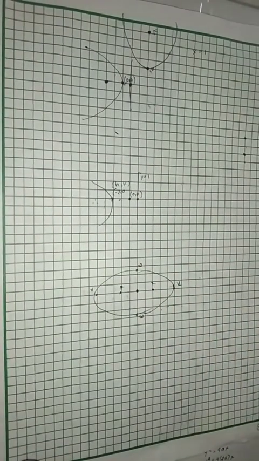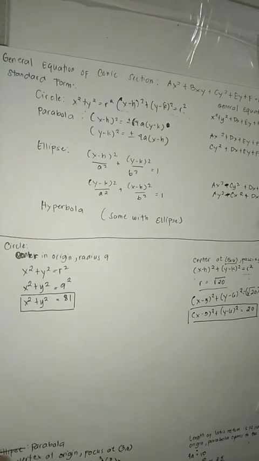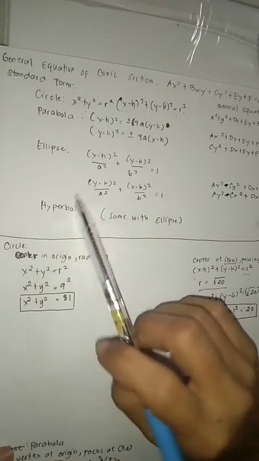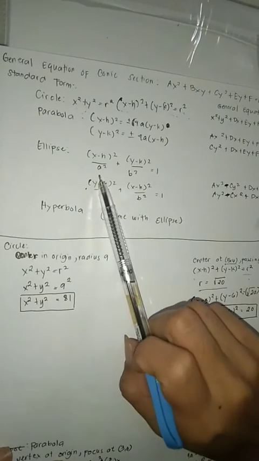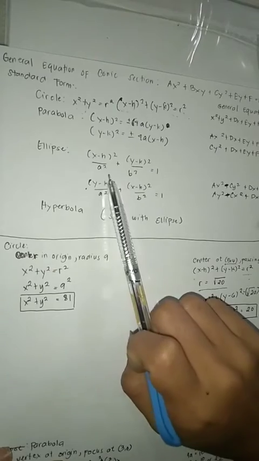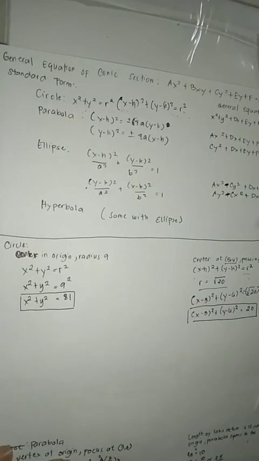Alright. What I always remember with the standard form of the ellipse, or when solving for the standard form, is that the denominator with the greater value is always the a. Our a should always take the denominator with the greater value.